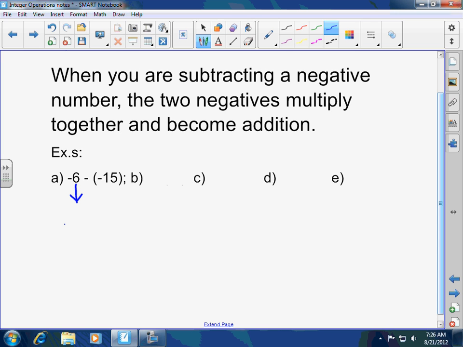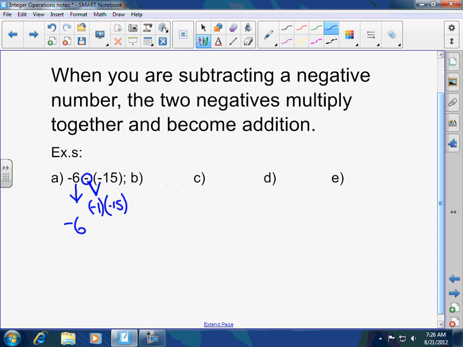You have here this negative 6. This guy stays alone. But see how you have this negative times another negative? This negative here really represents a negative 1, an invisible negative 1, times a negative 15. And we're going to learn in a second the rules of multiplication, but one of them is a negative times a negative is a positive.